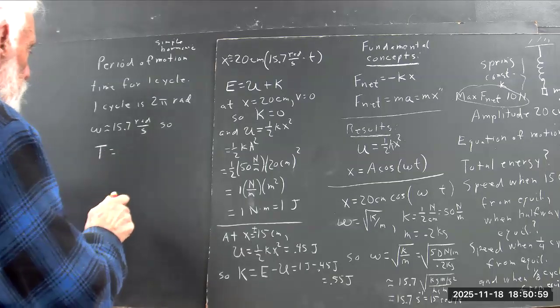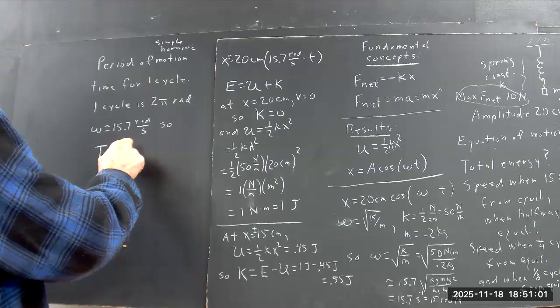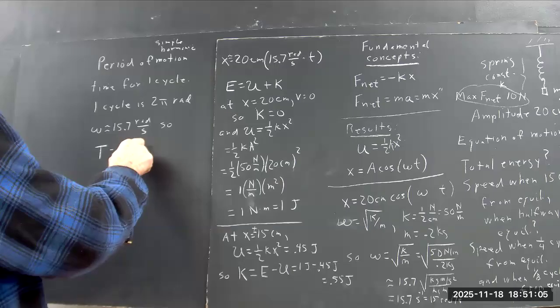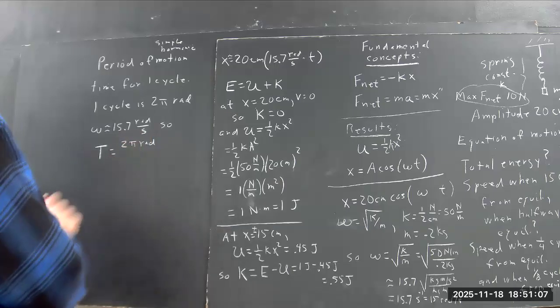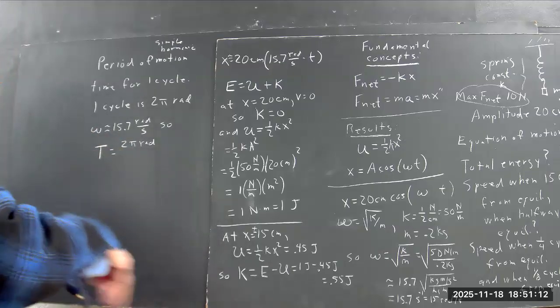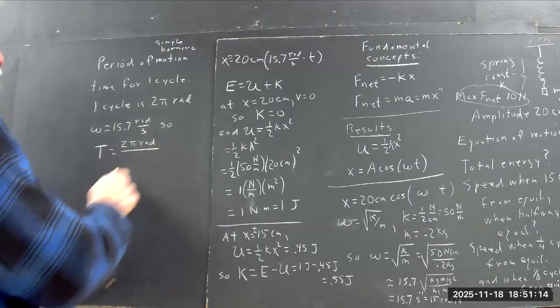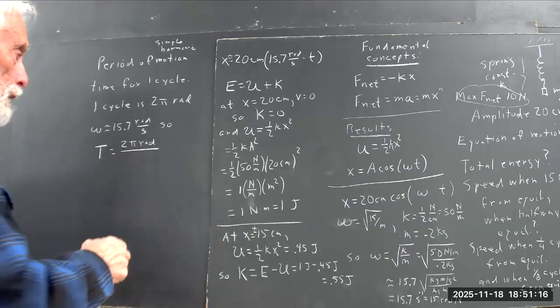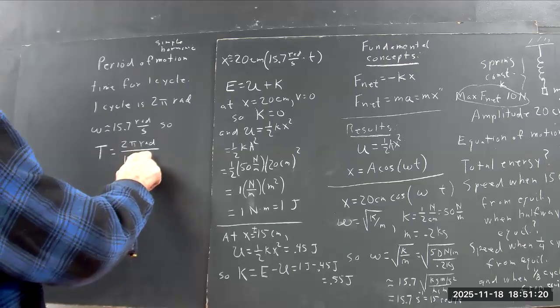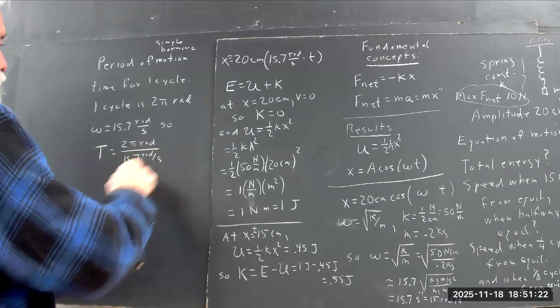The period is 2 pi radians, which is the angular displacement corresponding to a complete cycle, divided by 15.7 radians per second.